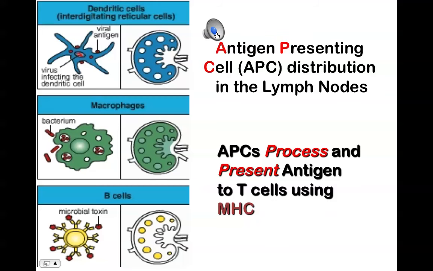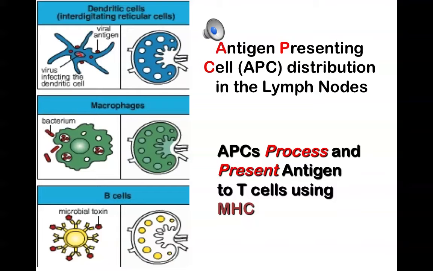Cells that communicate between the nonspecific and specific factors of immunity are called antigen-presenting cells, or APCs. Antigen-presenting cells wind up distributed throughout the body, but they can concentrate within specific areas in the organs or organized tissues of the formal immune system.